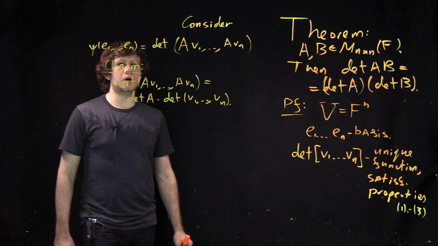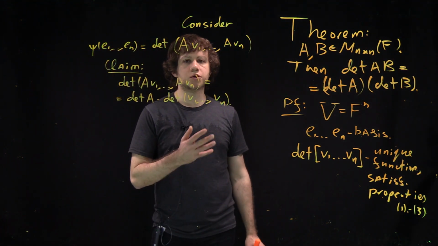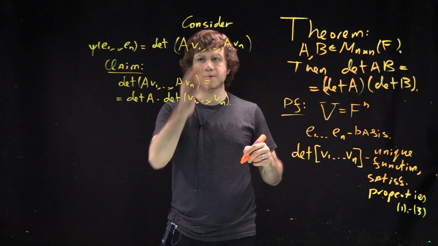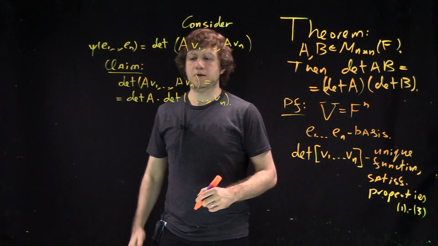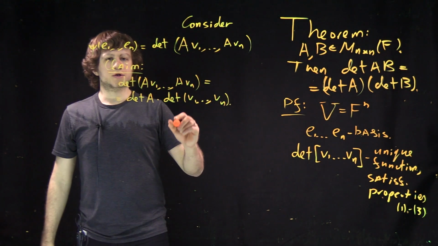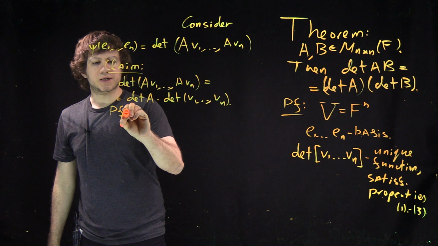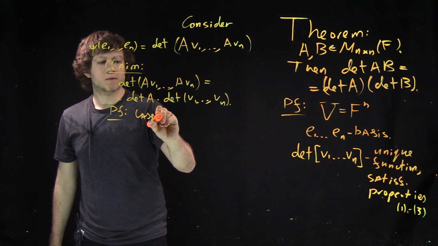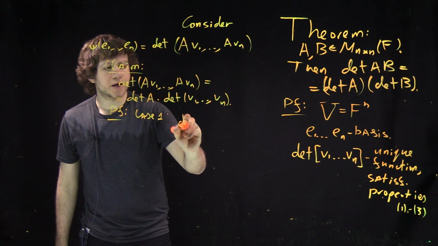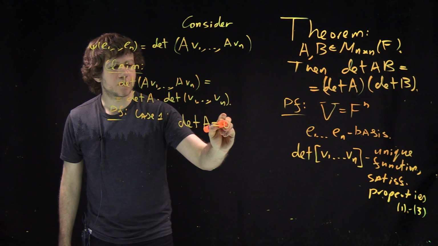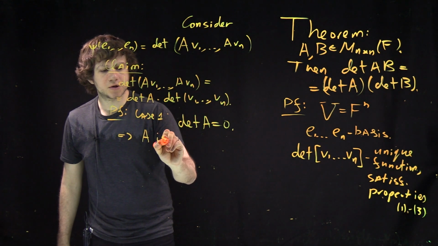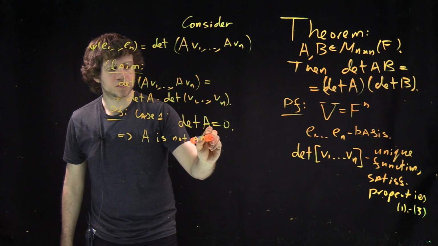Okay, so there are two cases. By the way, A of v1 is of course a linear map applied to the vector v1, the linear map corresponding to A, if you think of a matrix acting on F^n. So proof. There are two cases. Case 1 is determinant of A equal to 0. Then, as we know, determinant of A equal to 0 means that A is not an isomorphism.